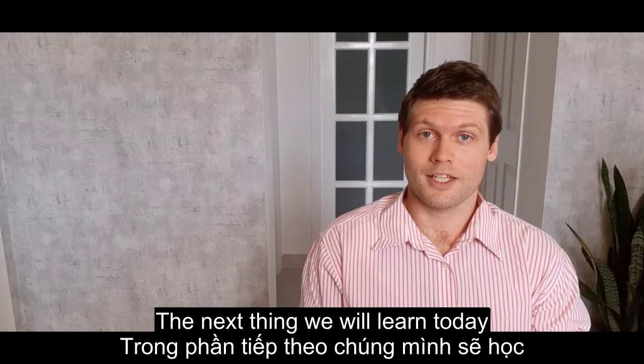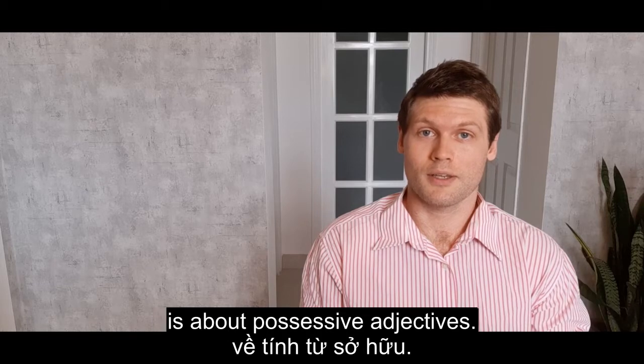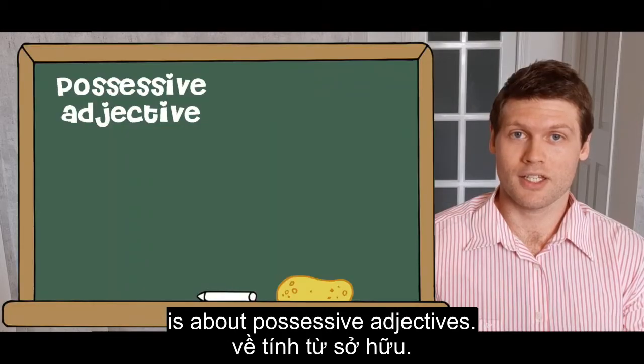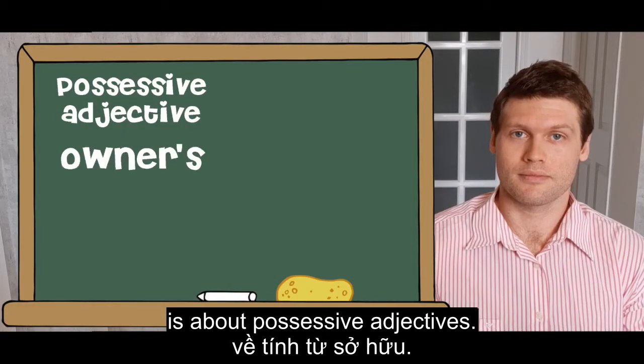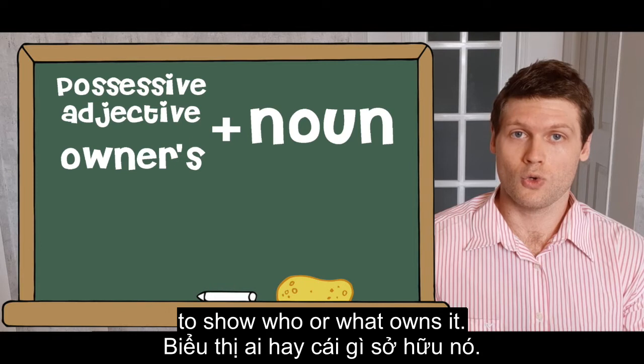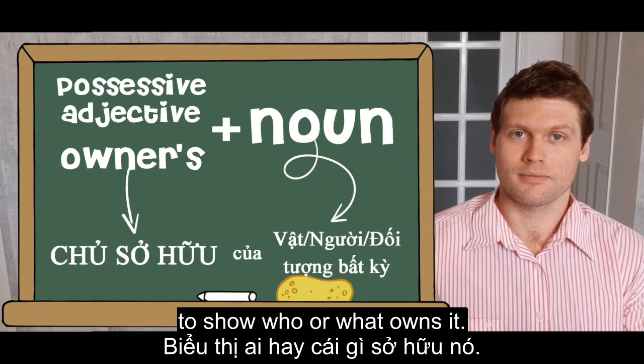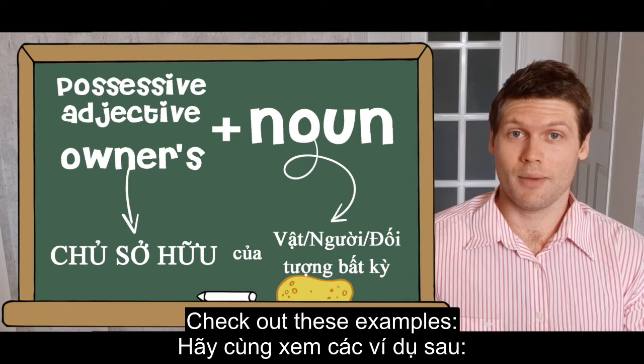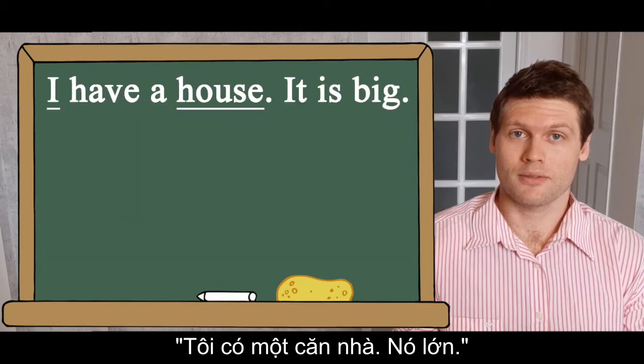The next thing we will learn today is about possessive adjectives. A possessive adjective sits before a noun to show who or what owns it. Check out these examples. I have a house.